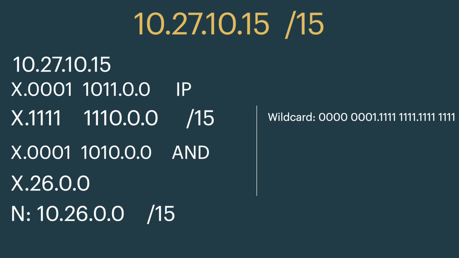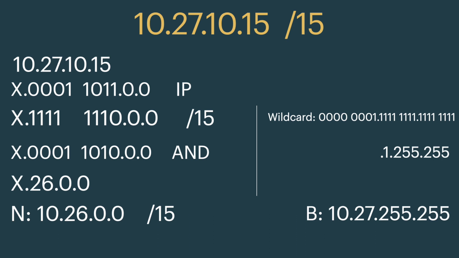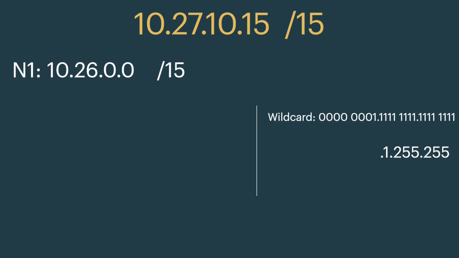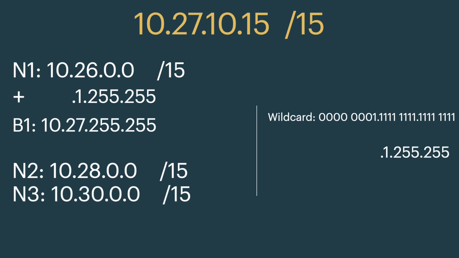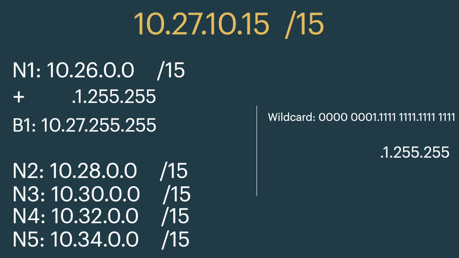In this case, it's kind of big, but it's just the opposite of the CIDR. Then we're going to add the network plus the wildcard, and that's going to give us the broadcast address. So the network plus the wildcard is the broadcast. And the next one is the network address. So now we know that it's +2. The network addresses for the other ones are 30, 32, 34.